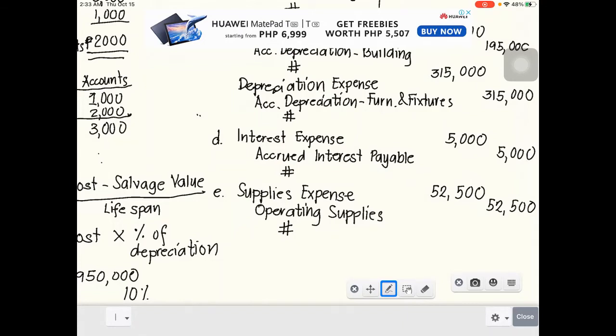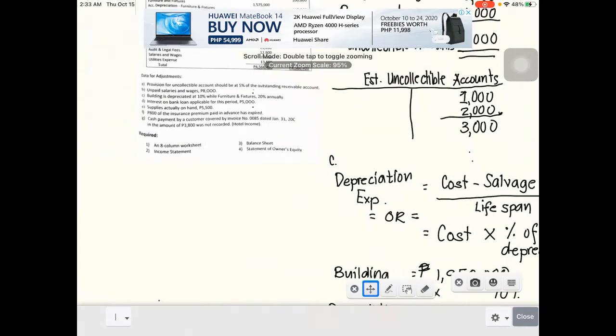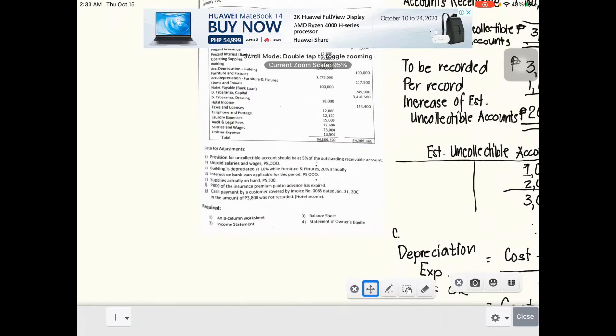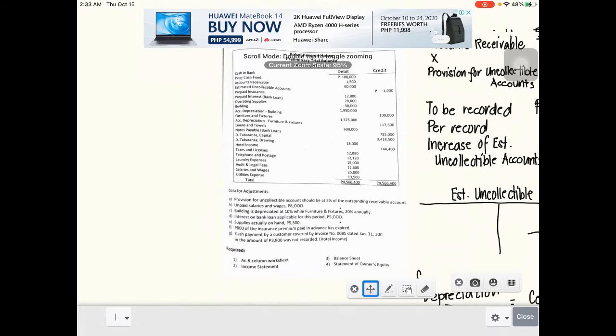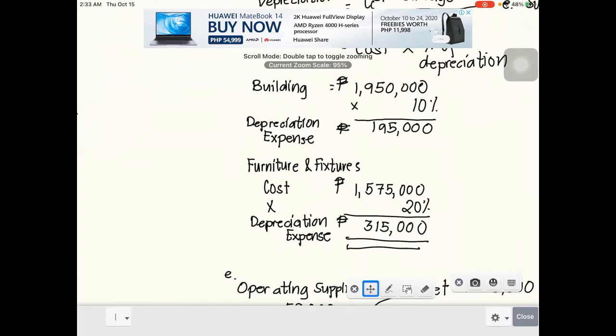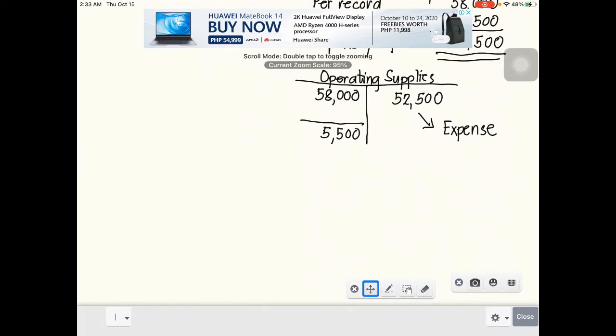Okay, next. Letter E, so we still have 2. So 800 of the insurance premium paid in advance has expired. So our prepaid insurance was a total of 12,800, 800 of which has expired.